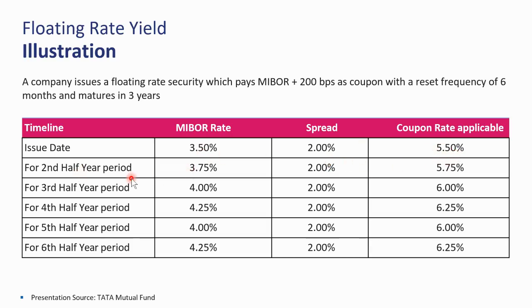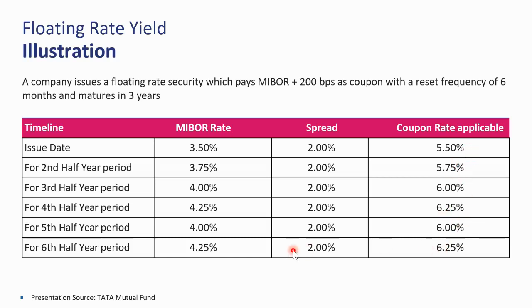And by the next half a year, let's say 6 months down the line, the interest rate moves up to 3.75, then the customer or the portfolio will end up getting 5.75. And eventually, as the interest rate keeps moving upward or downward, the returns on the fund will keep on matching itself to this particular thing.